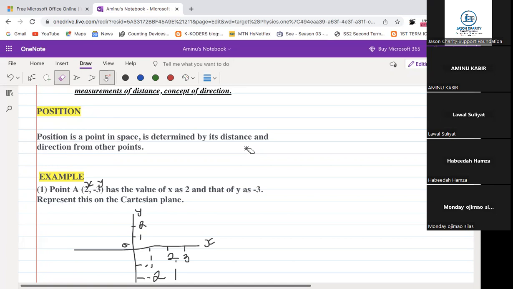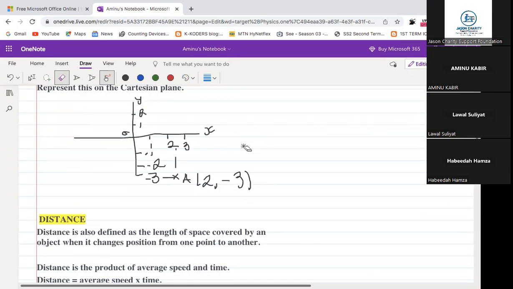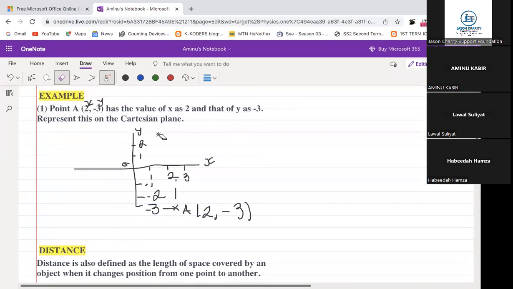If you say there is a cup on the table, the table becomes the reference frame for the cup. Also, we're able to use the Cartesian plane, which is the x and y axis, to tell the location of a point on the scale.